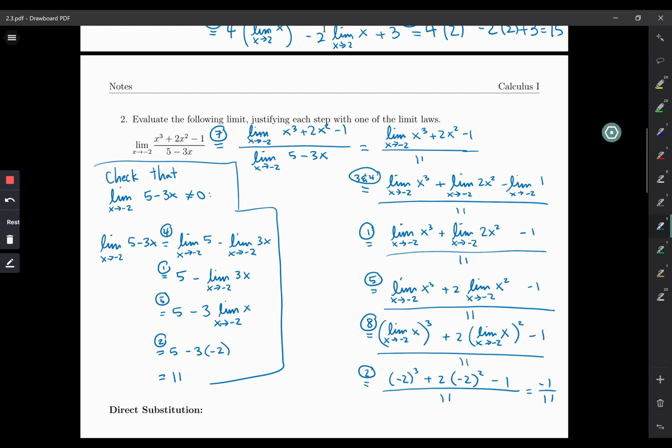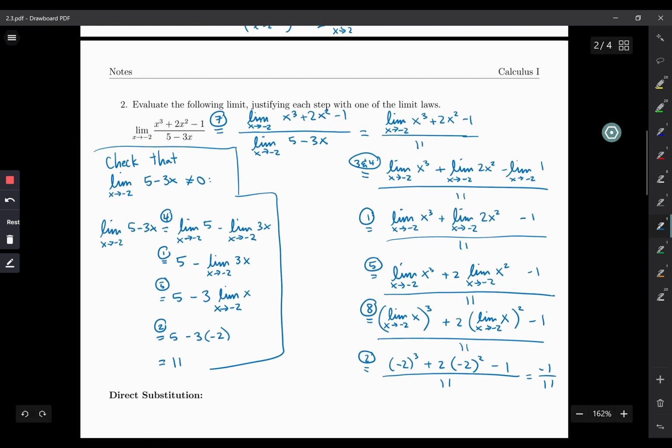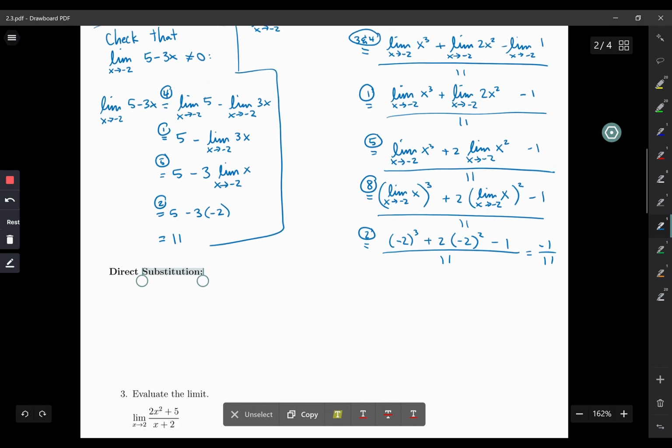This is a sum of the different terms, right? So we just break it into a different limit for each term, and then we pull out all of the constant multiples, and then we use the nth power rule to put all of the exponents on the outside of the limit, and then we use the second rule, which tells us how to take the limit of just x, right? So it always goes the same way.